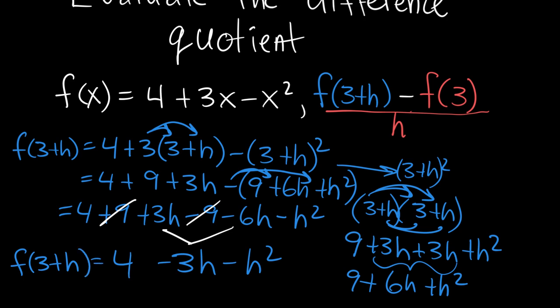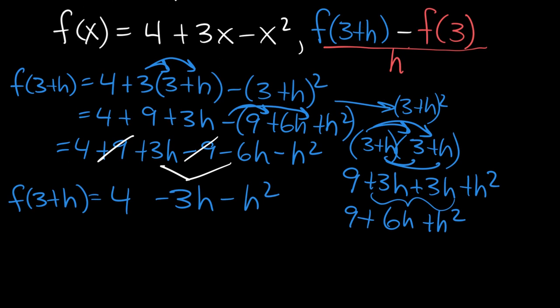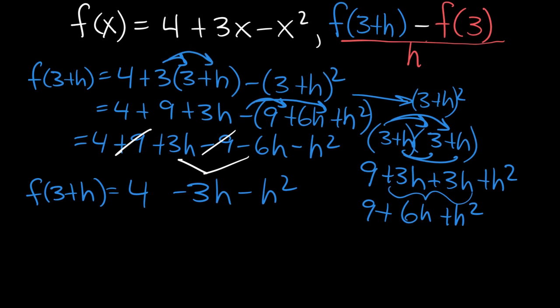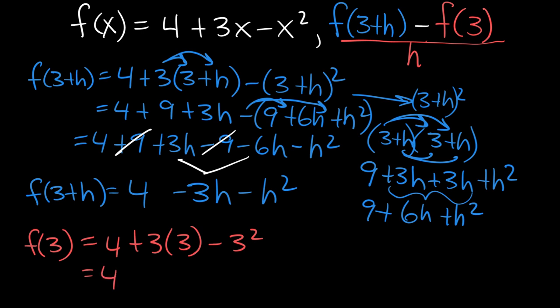The next thing we need to know is, what is f of 3? Well, f of 3 is equal to 4 plus 3 times 3 minus 3 squared. And 4 plus 9 minus 9, well, that's just equal to 4.